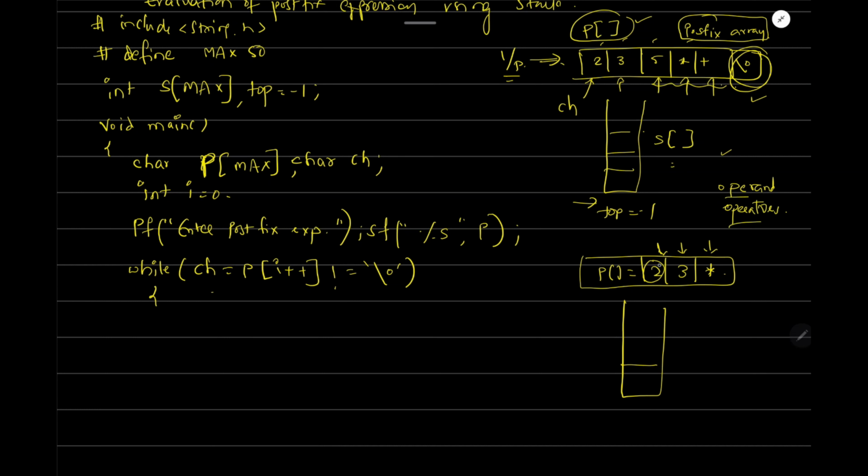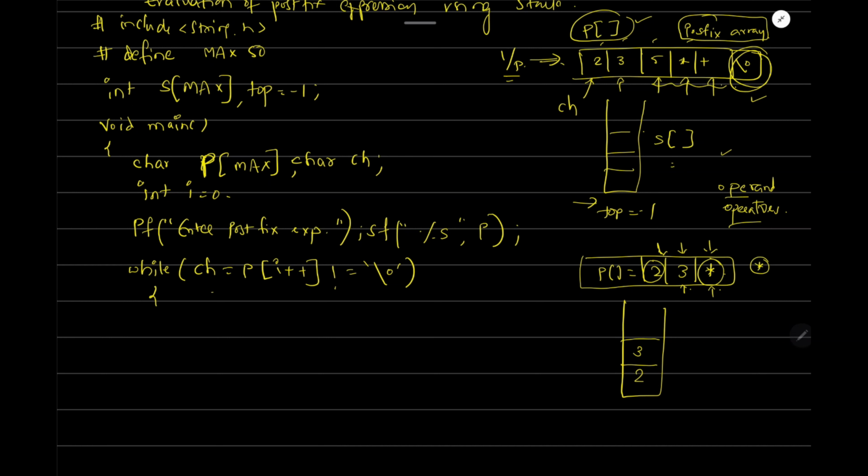As 2 is an operand, that is, it is a digit, we are entering here and we'll be traversing to the next element of the postfix array. Here 3 is also an operand, so we'll be inserting 3 into the stack, and in the next iteration we will reach the next element of the postfix array. It is an operator, not an operand.